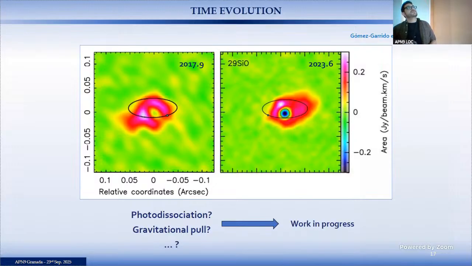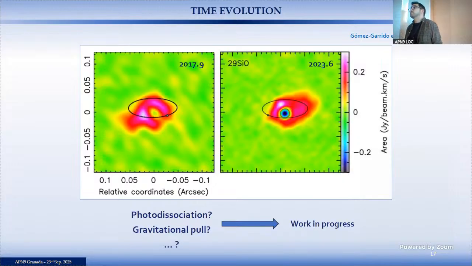And what you can see here is the predicted orbit for the binary system and the predicted position for the white dwarf in both epochs. As you can see, in 2018 the emission of the 29SiO is located in the southeast, and on the contrary, a few years later the emission is located on the other side.